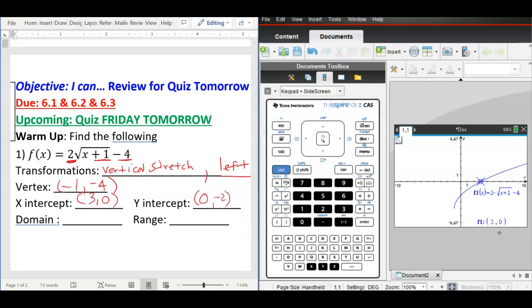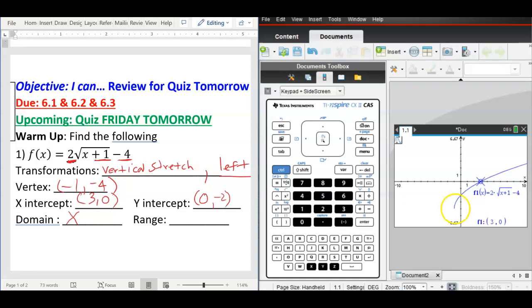Now, this might be where some people struggle. Is everyone focused for domain and range? Domain is what letter? X. Domain, yes. It's the x values. Now, you can see that the vertex is -1, -4 down here.